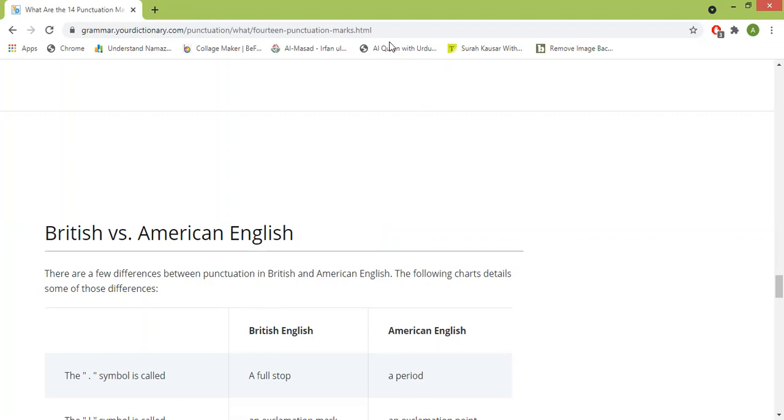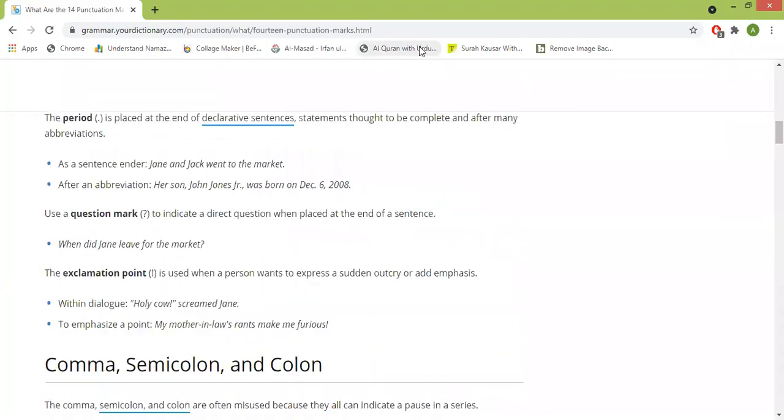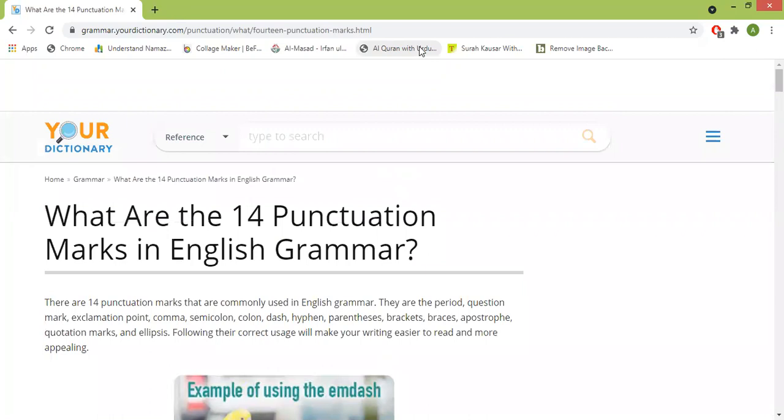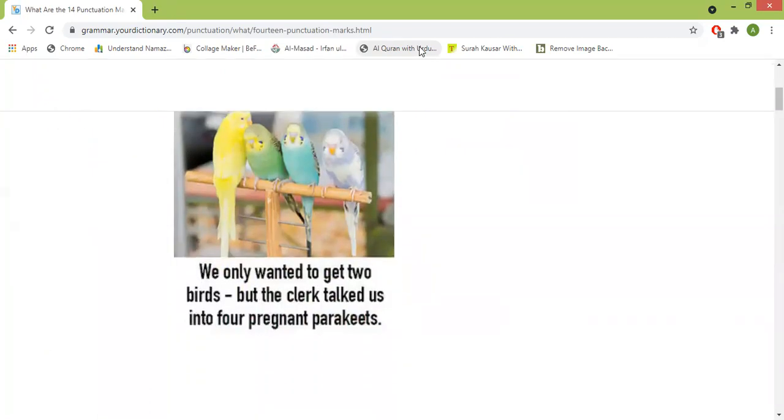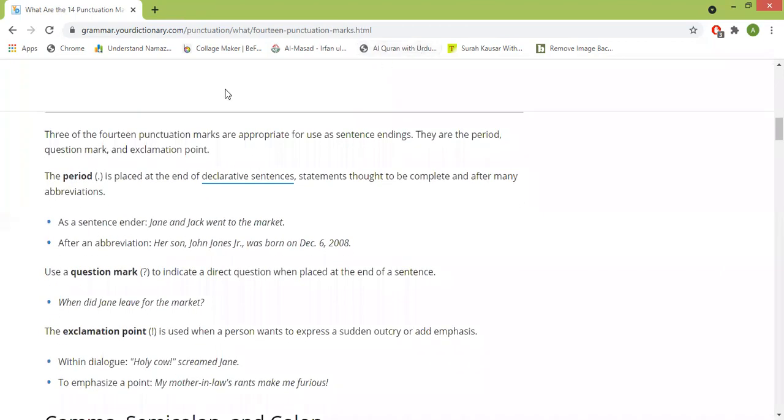Are all the relevant punctuation marks clear to all of you? I just took those punctuation marks that are relevant to your syllabus, that you can use in punctuating the given paragraph or line.